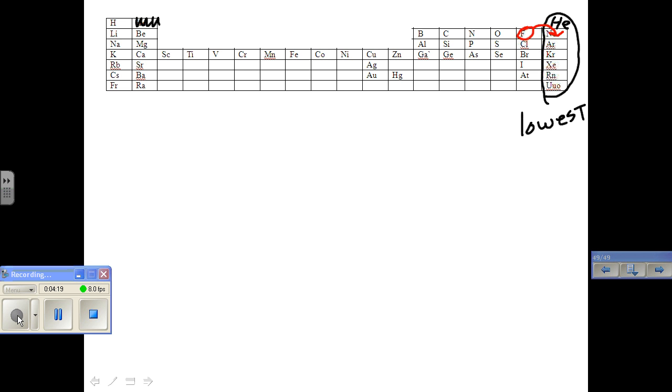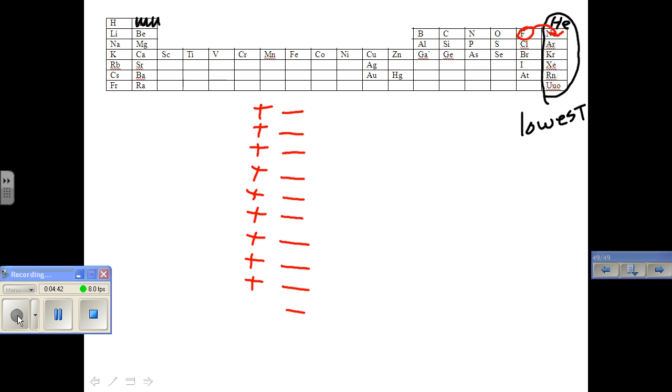But that does something. Fluorine has 9 protons and 9 electrons. Now it takes 1 more from somewhere so it can look like neon.